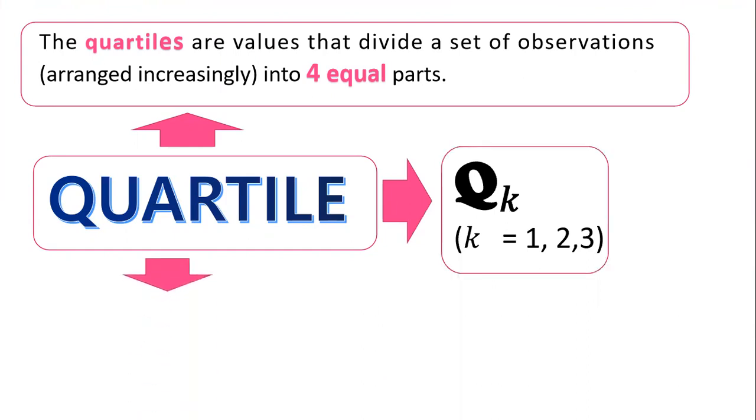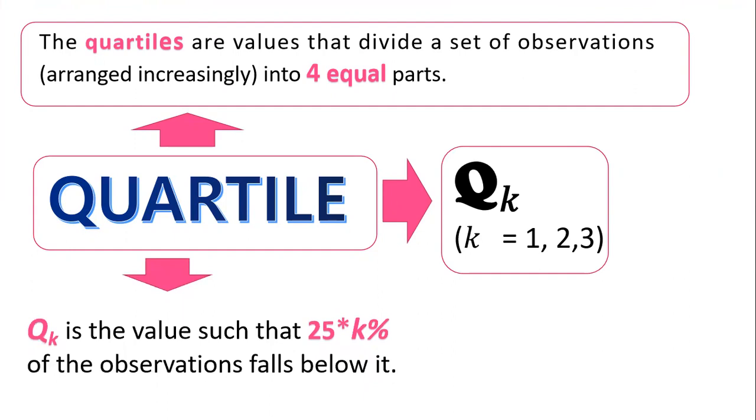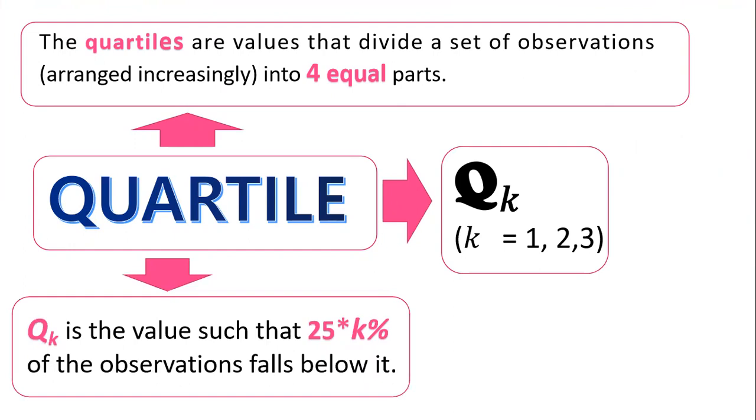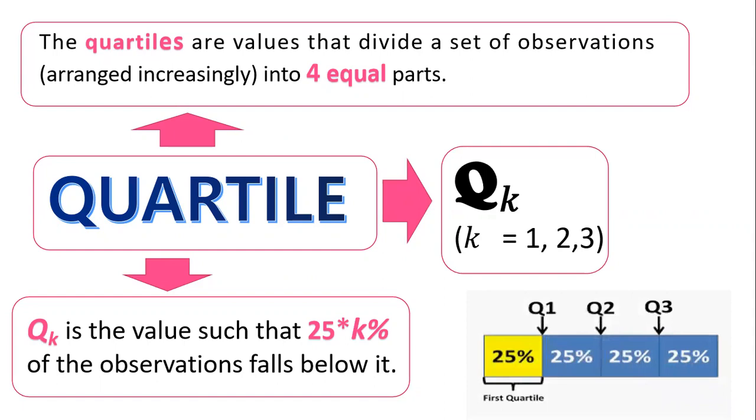The kth quartile is the value such that 25 times k% of the observations fall below it. So for percentile, k%; for decile, 10 times k%; and now for quartile, we have 25 times k%.